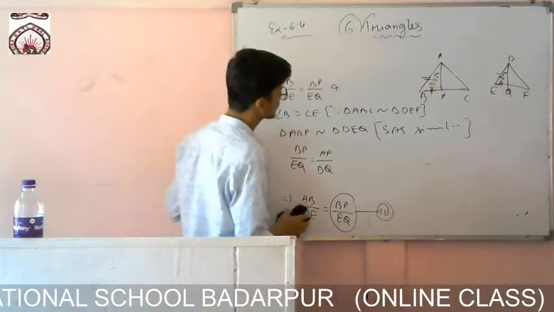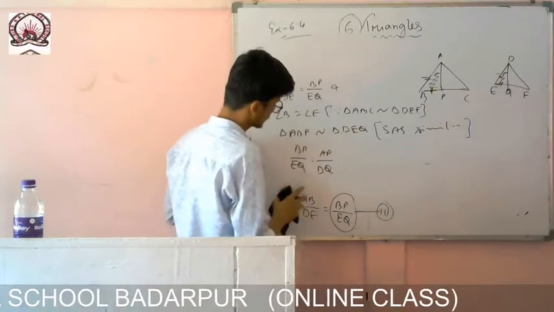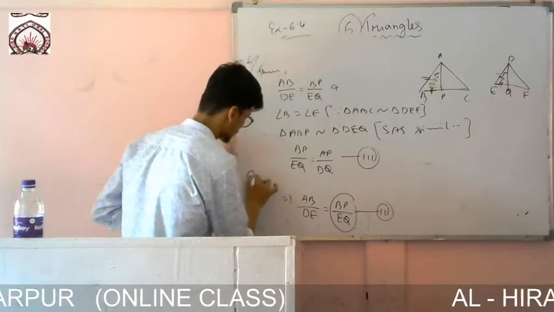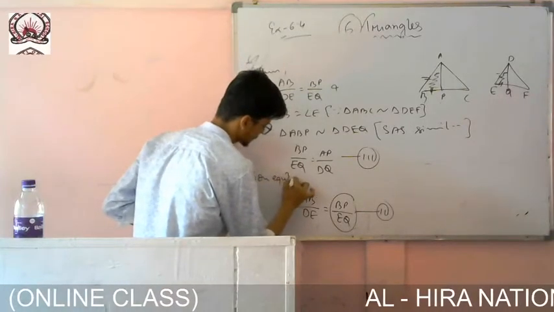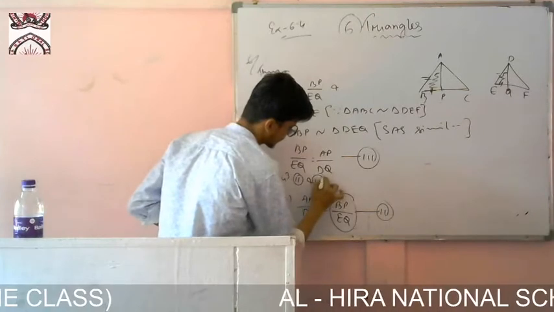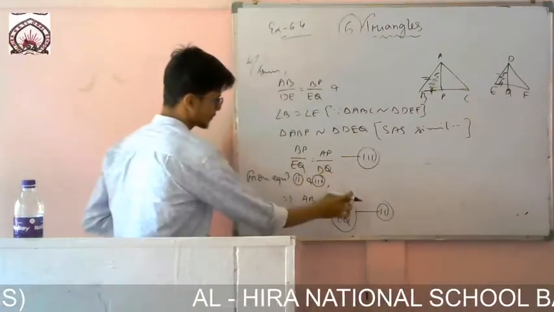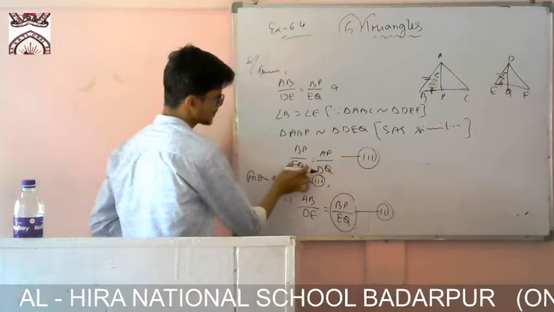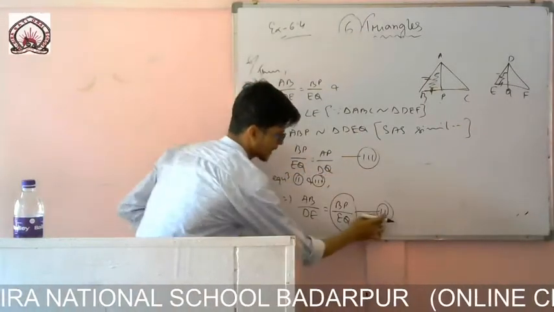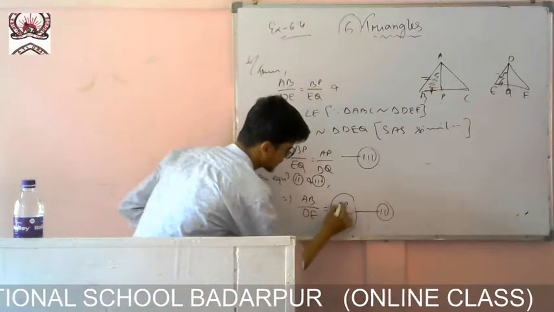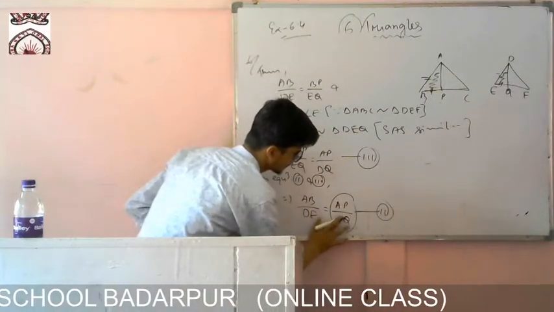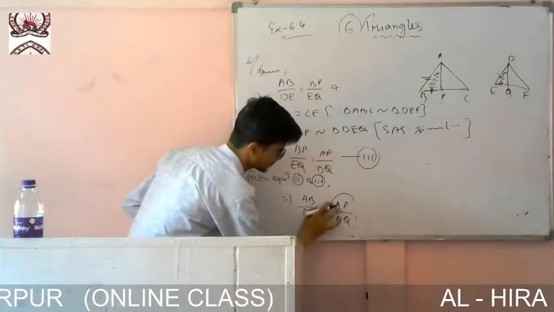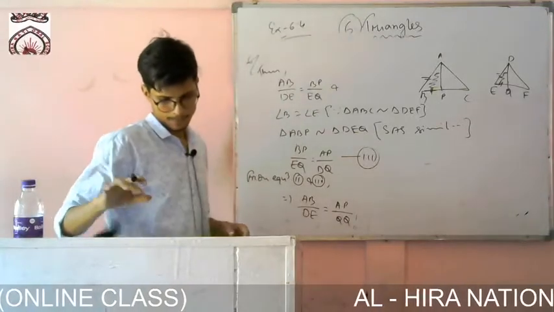So from equations 2 and 3, what can I write? In place of BP by EQ, I can write AP by DQ, because BP by EQ equals AP by DQ. I am just substituting. This was our equation number 2, and I have written AP by DQ.